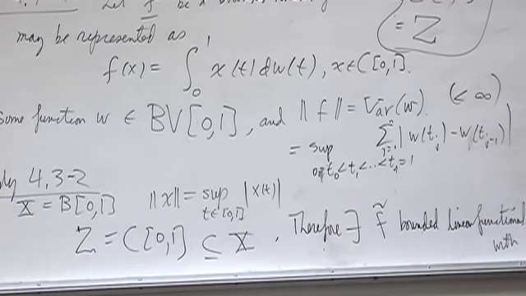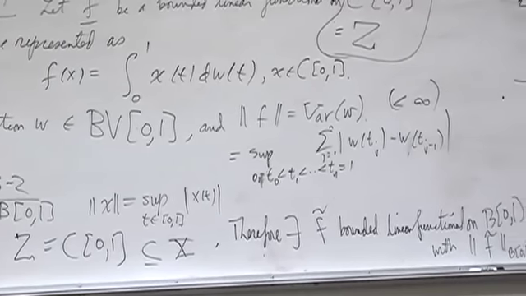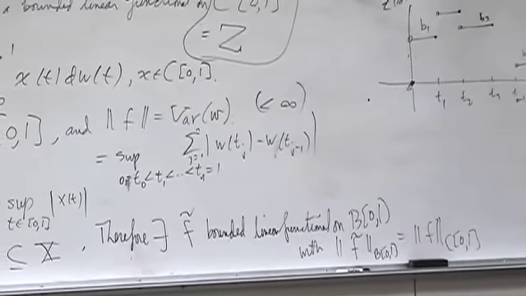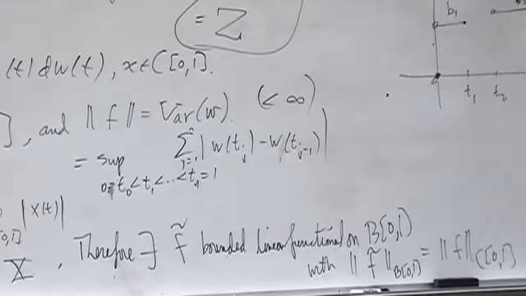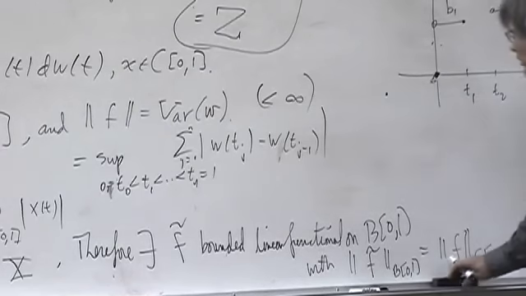Okay? So its norm is the same. I can extend the function linearly, and it has the same exact norm. That's the Hahn-Banach theorem. Okay, now why is that going to be any good?